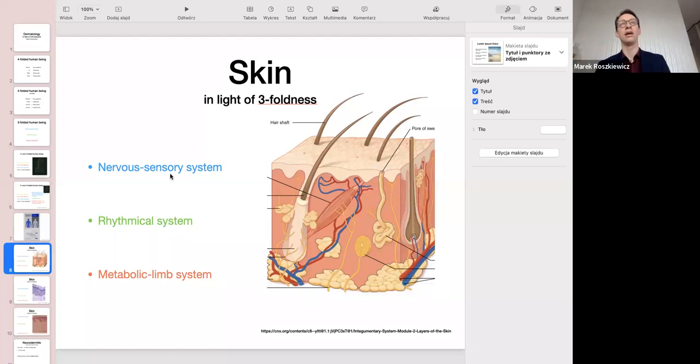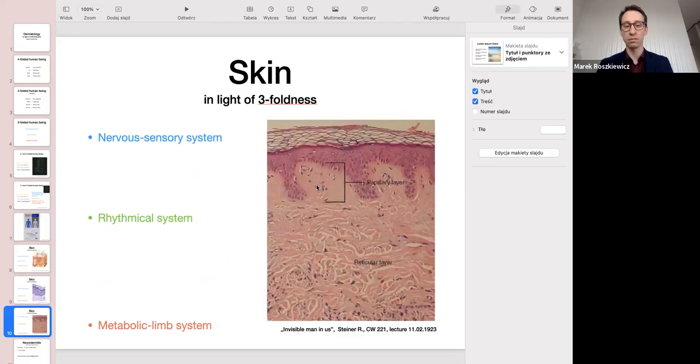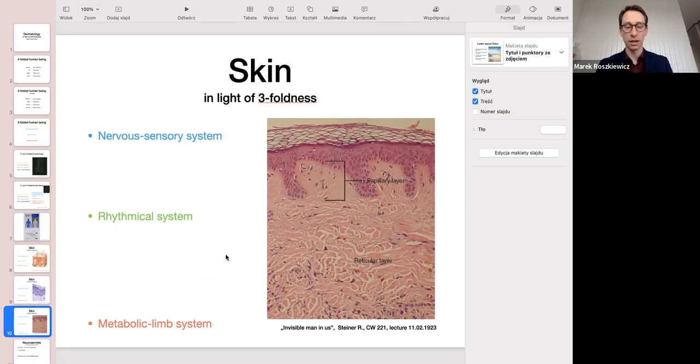So the head is a bit of a cold pole in the human organism, and the limbs and belly, abdomen, are a warm pole. And also we can see this in the layers of the skin. It is a bit more of a histopathological scene.